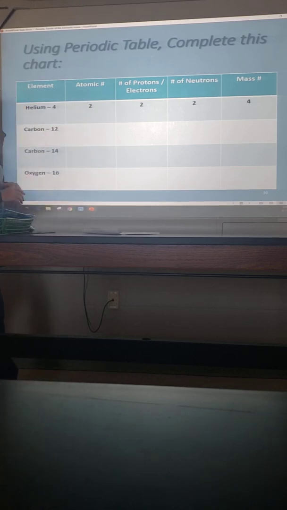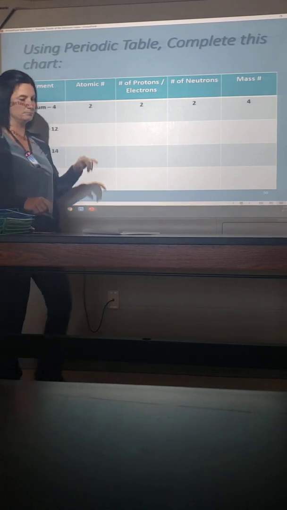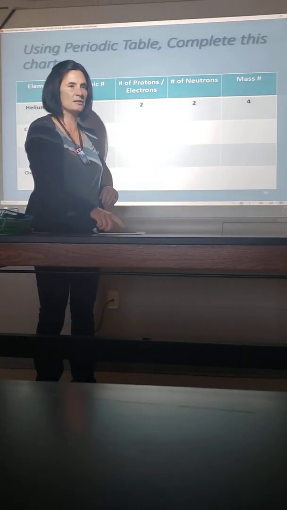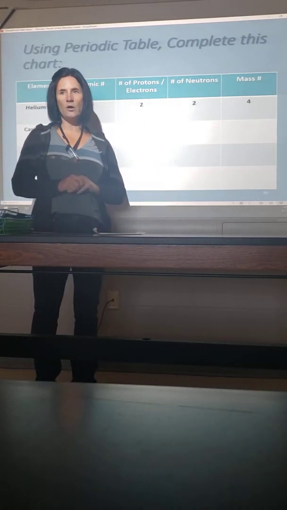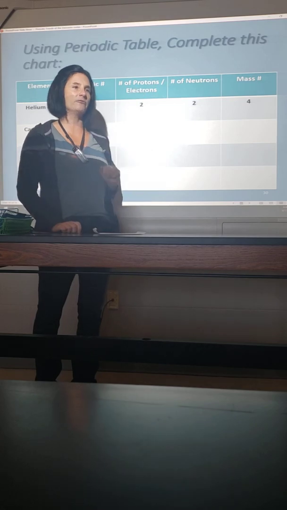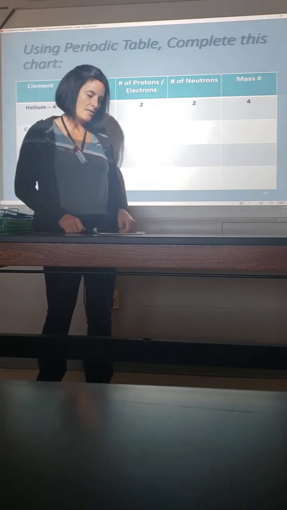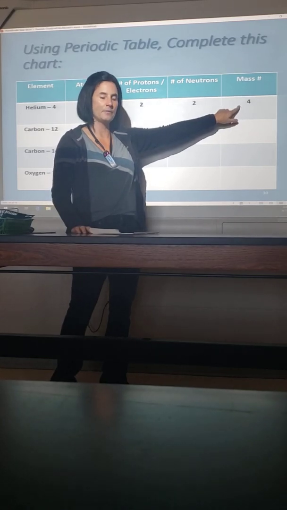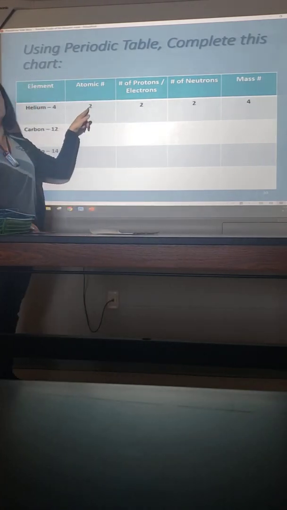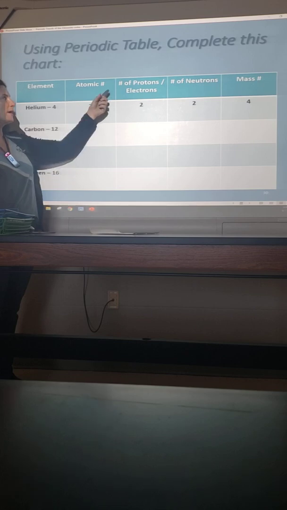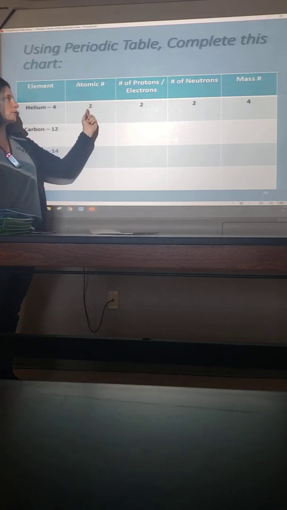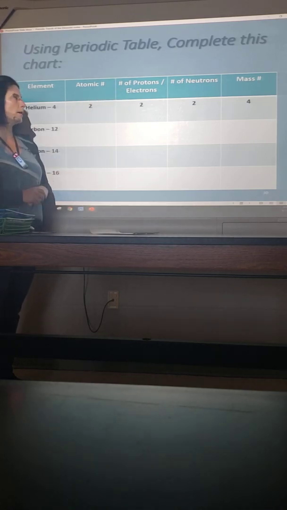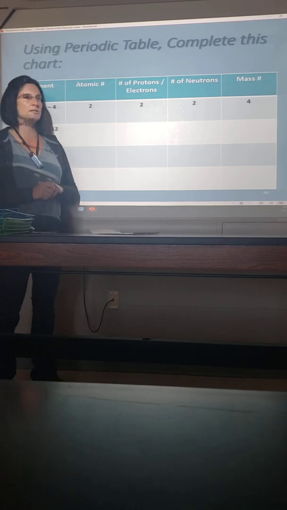All right, so the first one's done for you. If you find helium, helium is in the top right-hand corner, all the way up there kind of by itself. You should see that the big number is 4, the small number is 2. And so by default, if we know that the atomic number is 2, then the number of protons is 2.